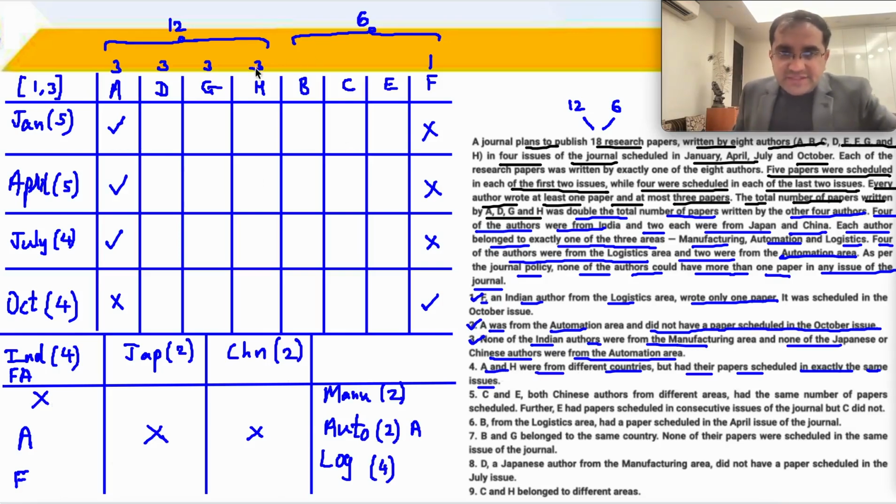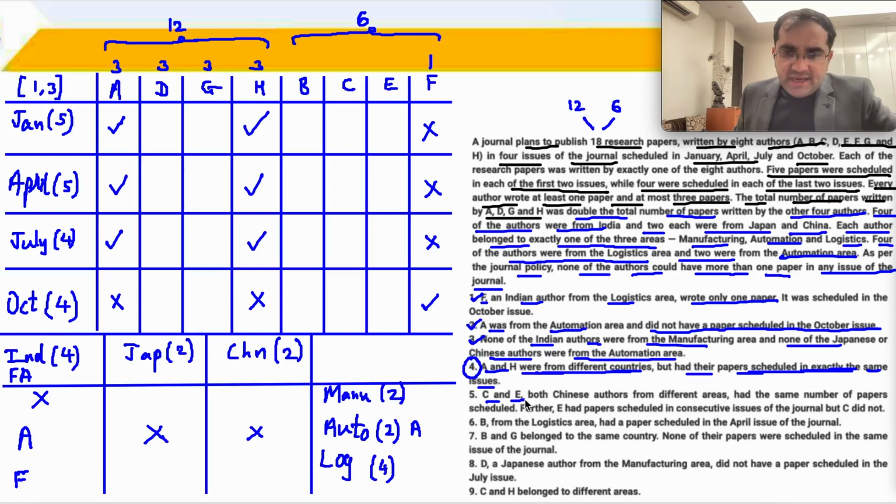H also has 3 papers, and A and H have exactly the same issues. So H is complete. But this part, different countries, is pending. So I'm going to circle this to come back to it.